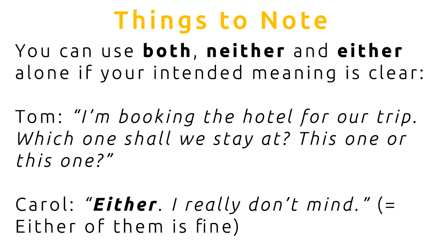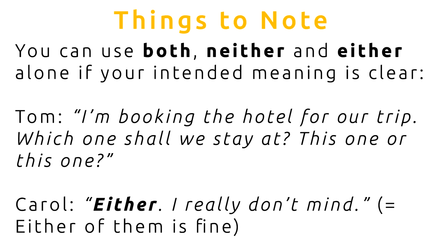And here's one more example using either. Tom says, "I'm booking the hotel for our trip. Which one shall we stay at? This one or this one?" And Carol replies, "Either. I really don't mind." So this simply means either of them is fine.